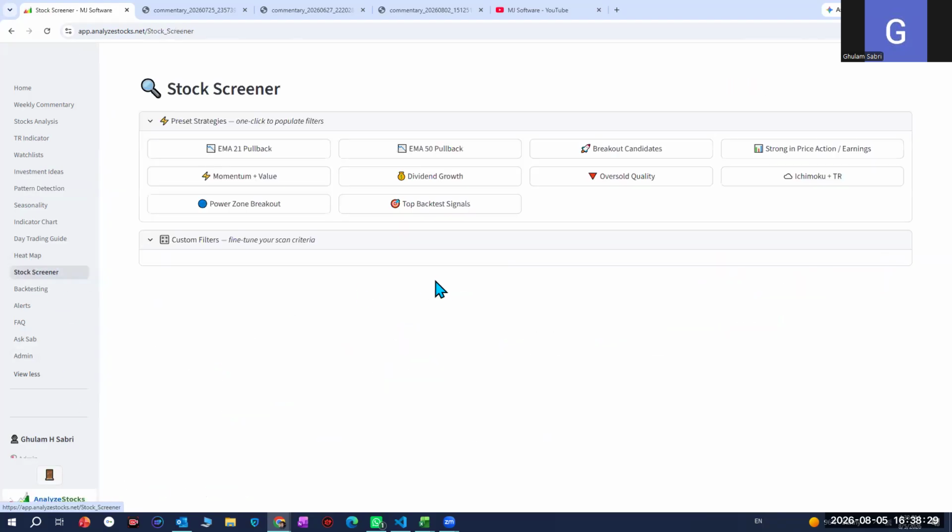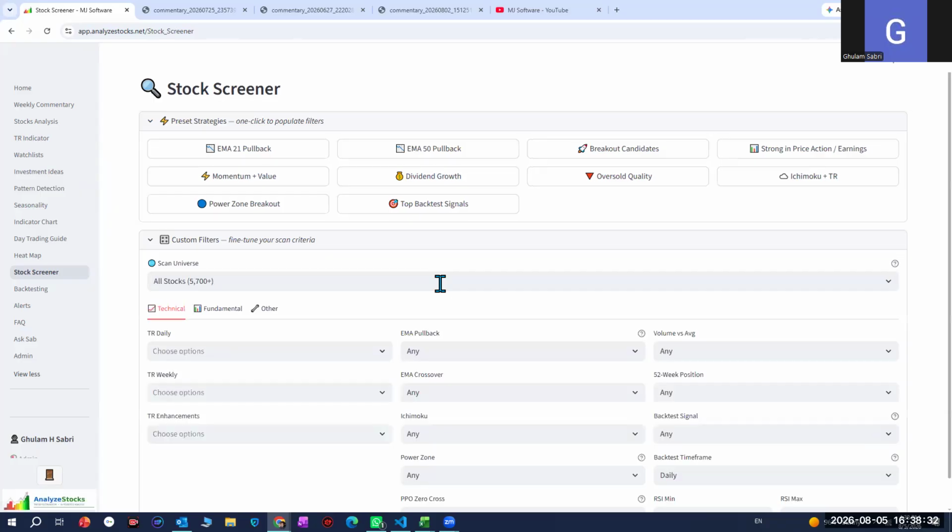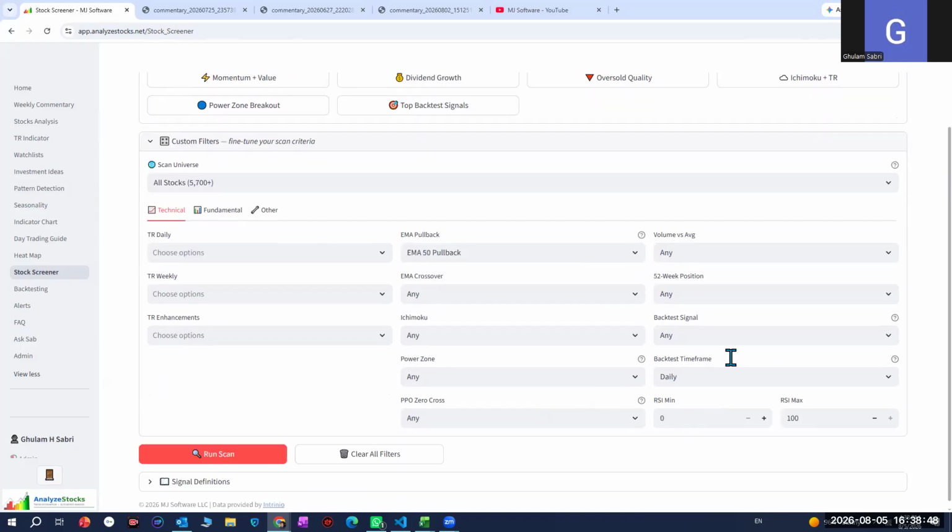Yes, we have a stock screener as well here, where you can put different parameters. For example, you want to see which are the stocks that are pulling back to their 50-day line. Just give me those, and then you can modify the screen parameters here and run a scan.